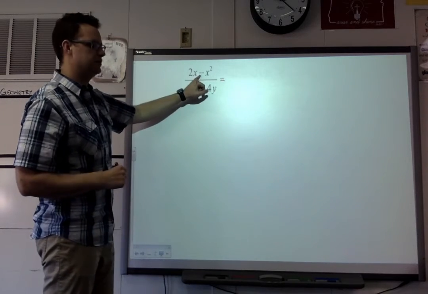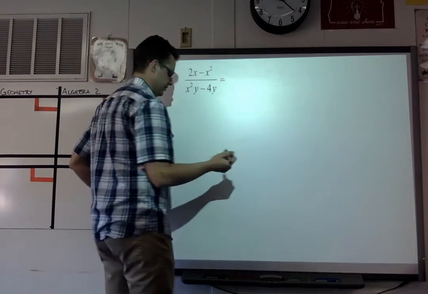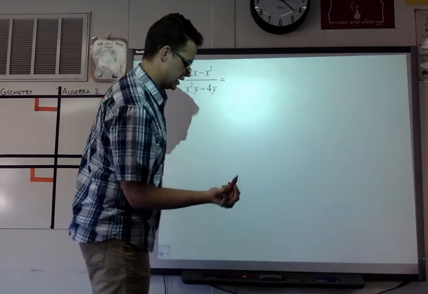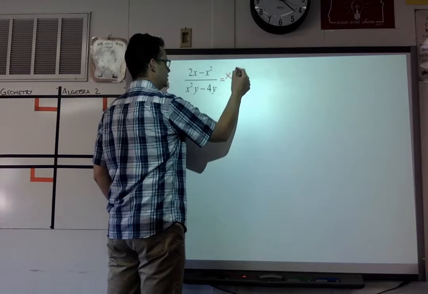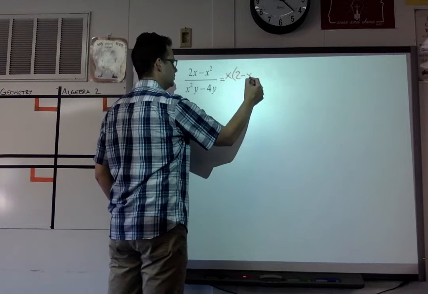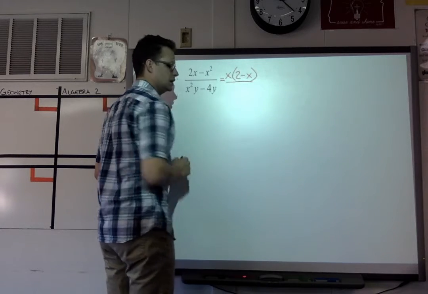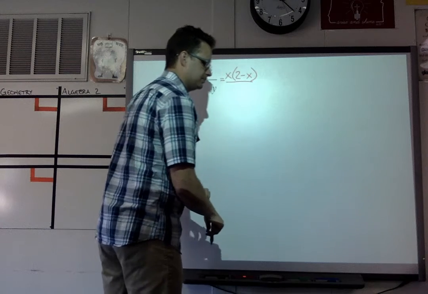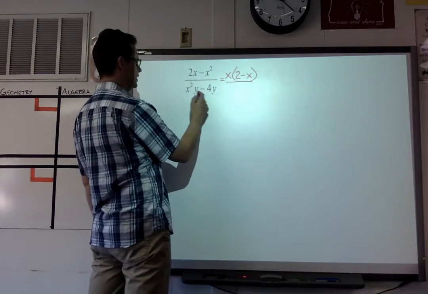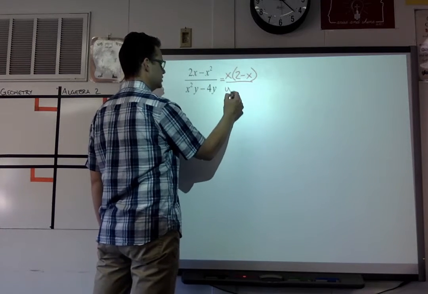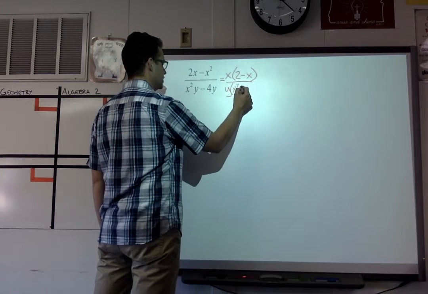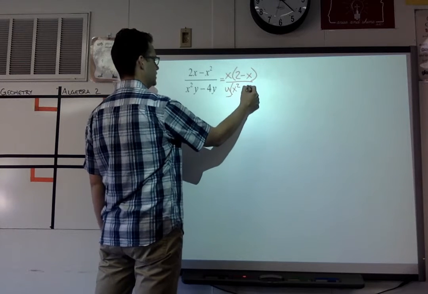So on the top, I can go ahead and take an x out of this, and I would be left with 2 minus x. In my denominator, I can take a y out of each of these, and I would be left with x squared minus 4.